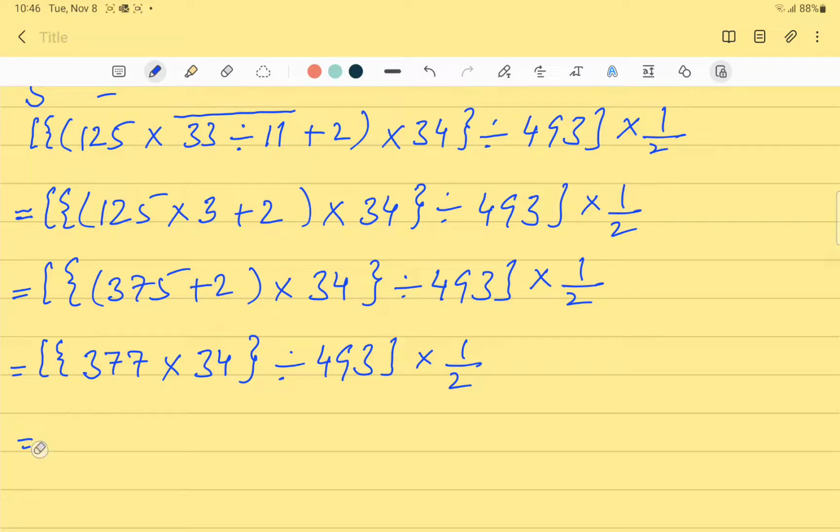Now, since we have multiplication inside the bracket and division outside, so we can open this bracket and change this division sign by writing the reciprocal of the given number after division.